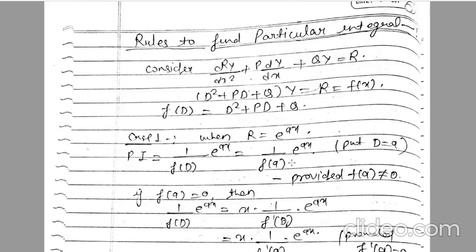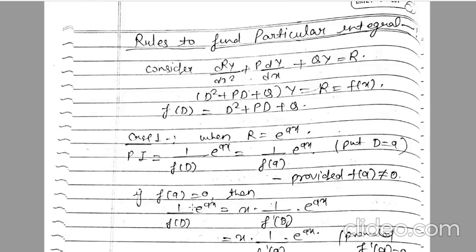For the particular integral, there is a condition here: f(a) does not equal 0. That means when you put D is equal to a, the denominator will never be 0. If you get the denominator 0, that means the case fails. And when the case fails, then what will you do?